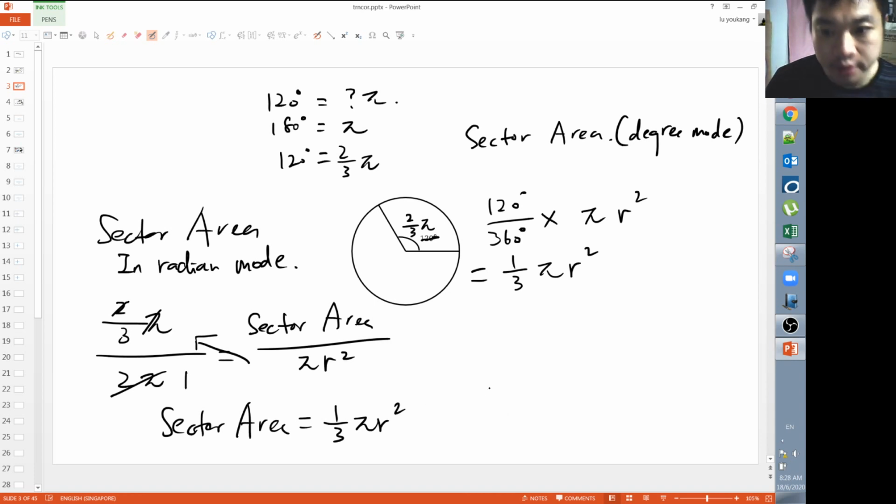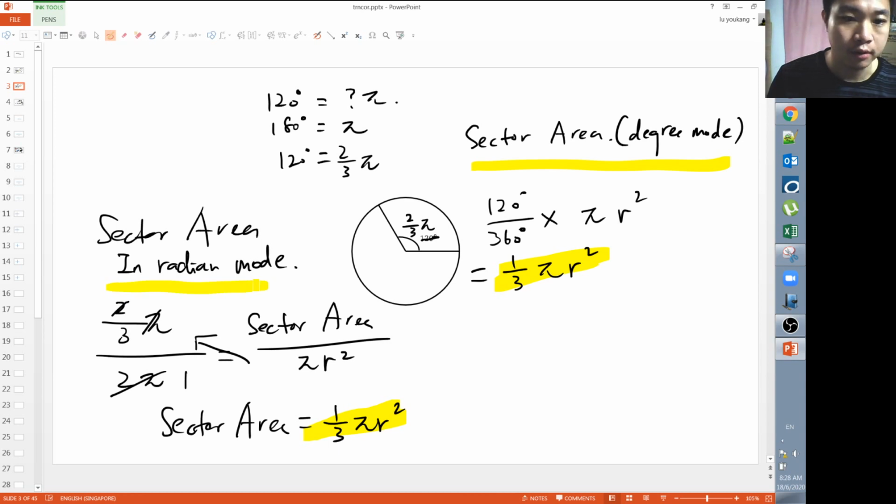Can you see, for sector area, we get the same answer here? I have demonstrated to you how you can find your sector area both in degree mode and in radian mode.